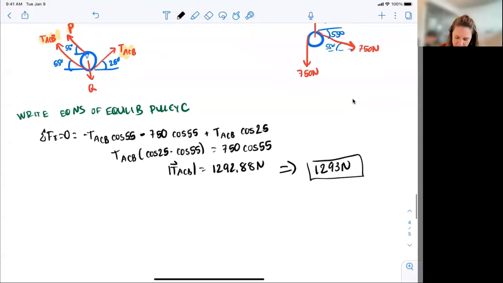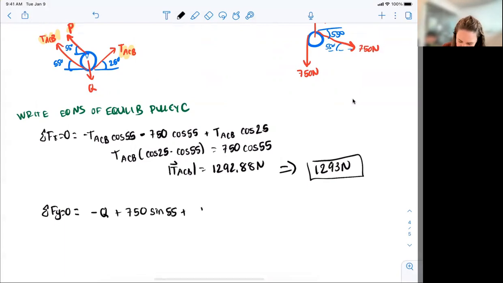And now I need to find the magnitude of Q, and I can find that by summing the forces in the y and setting them equal to 0 for that same free body diagram. What acts in the y? We have negative Q plus 750 sine 55 plus T_ACB, which we know from our previous one, times sine 55 plus sine 25.